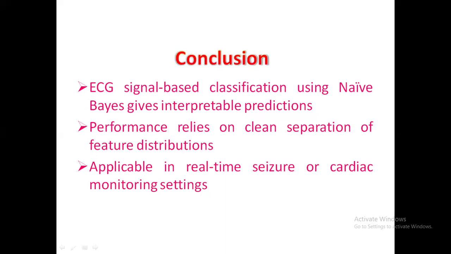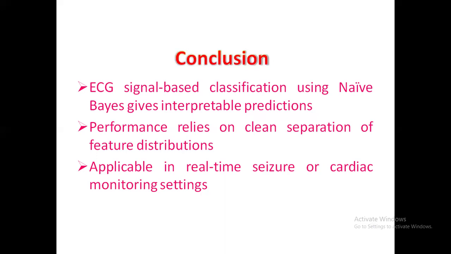And the third one is that, due to its lightweight computation and fast decision making ability, the Naïve Bayes algorithm is well suited for real time applications such as seizure detection or continuous cardiac monitoring. It requires minimal computational resources and provides quick predictions, making it ideal for deployment in wearable devices or embedded health monitoring systems.